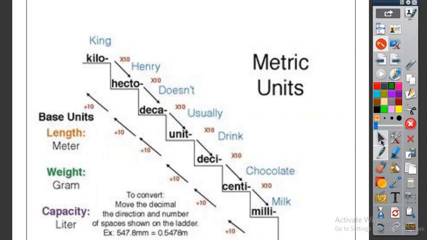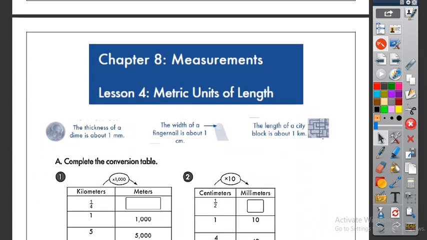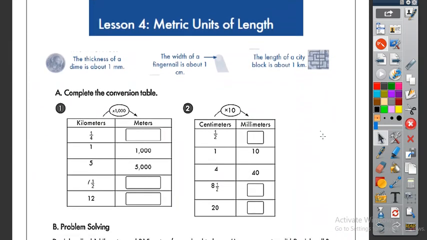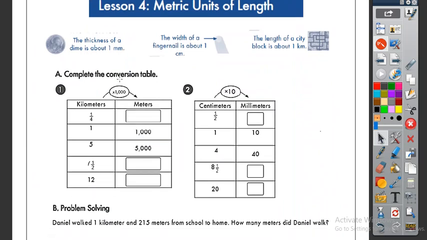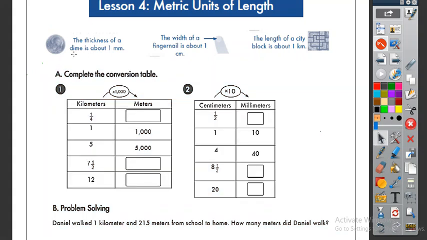Okay, so if we start with the first question in the revision sheet, this is chapter 8, lesson 4, metric units of length. The thickness of a dime is about 1 millimeter. The thickness of it, not the length.